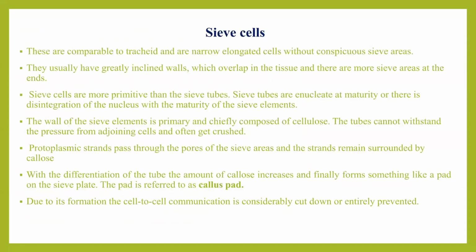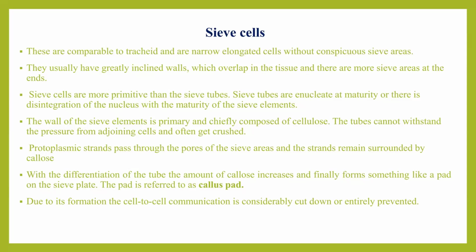Next, sieve cells. We already discussed that sieve cells are comparable to tracheids and are narrow elongated cells without conspicuous sieve areas. In sieve cells, sieve areas are few or not present. They usually have greatly inclined walls which overlap in the tissues, and there are more sieve areas at the ends.